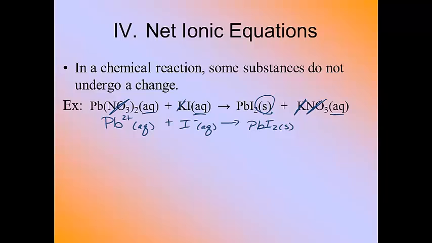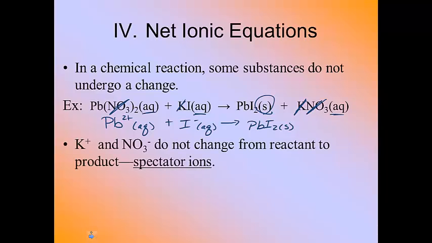And this is what is called a net ionic equation. It only shows what's actually undergoing some sort of change. Lead and iodide go from being aqueous to being a solid, and that change of state indicates a chemical change that has occurred in the reaction.